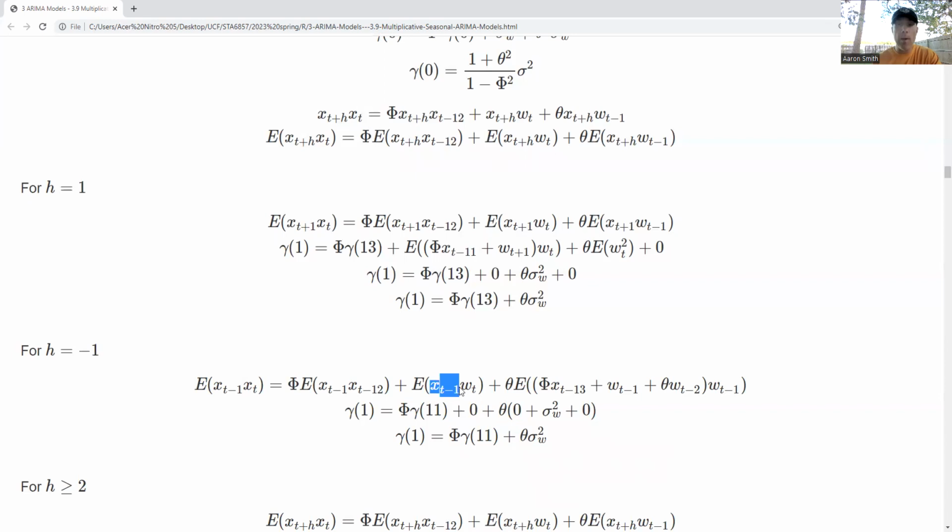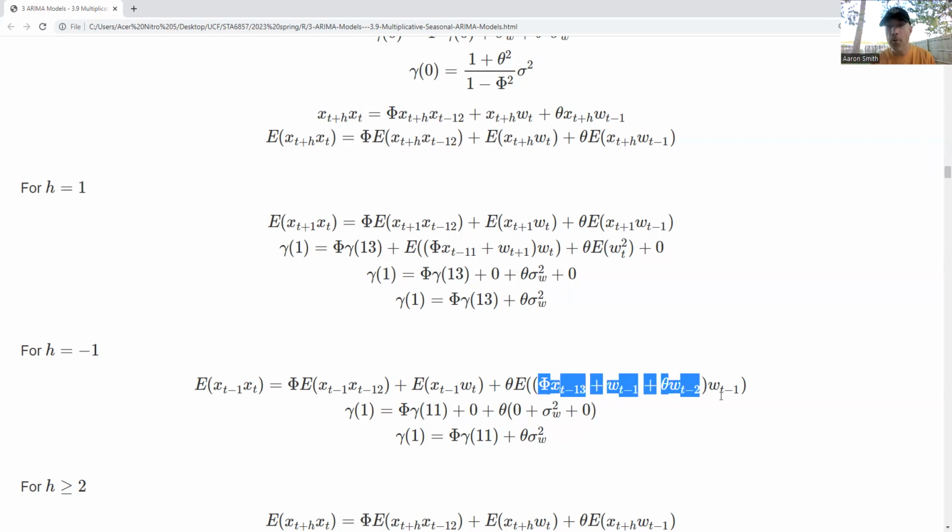Same argument: at time t, that is a constant. Therefore, this w sub t, when it's together, we're going to get a value of 0. And then I'm going to replace the portion I have up here in the expected value with this here.